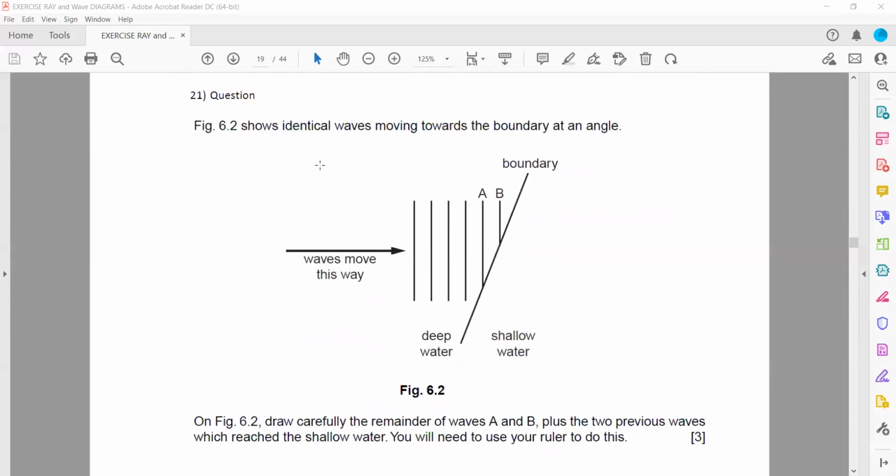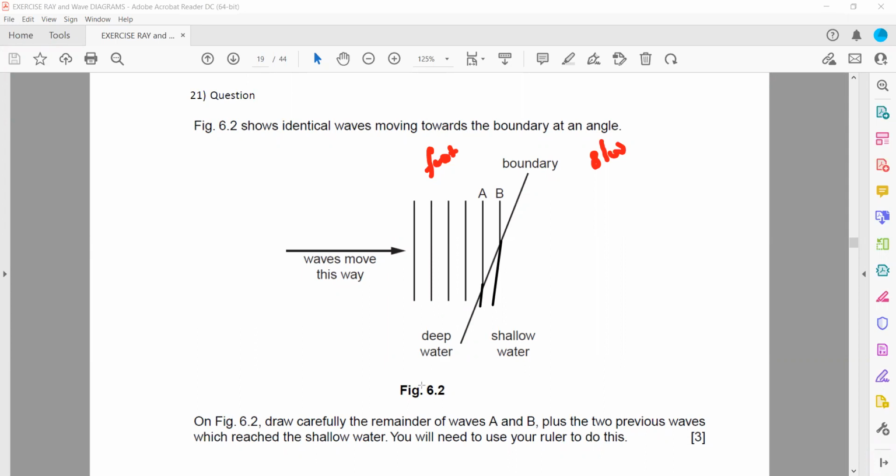In the deep region, the water waves are moving fast. In the shallow region, the water waves are moving slow. If it is moving slow, the wavefronts will lag. For example, if the wavefronts are traveling with the same speed, they should be exactly the same distance apart. If the wavefront travels faster, it should roll ahead in this manner. But because it is traveling slower, it will lag behind. As a result, when we complete the figure, it will appear like this.